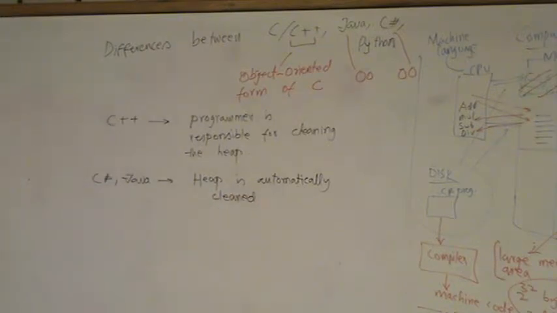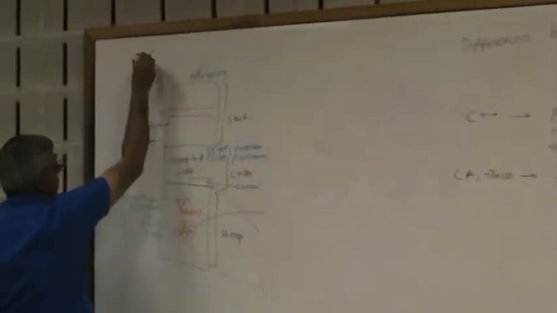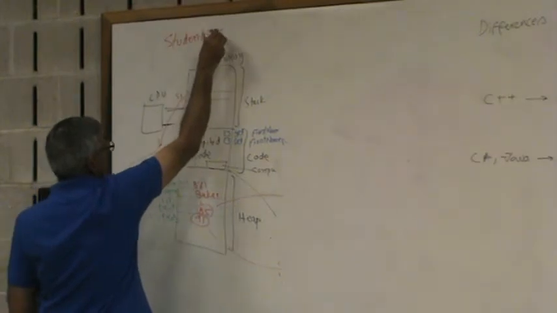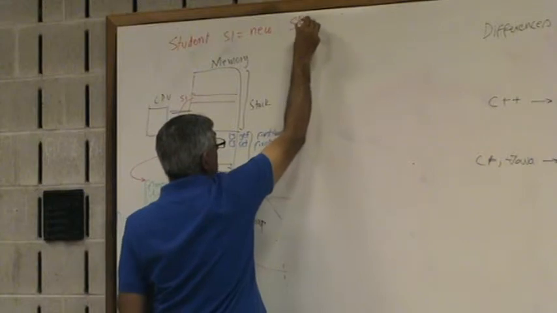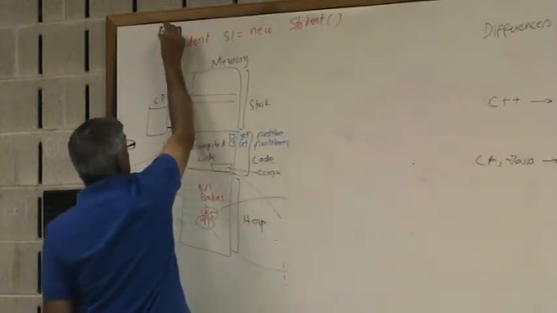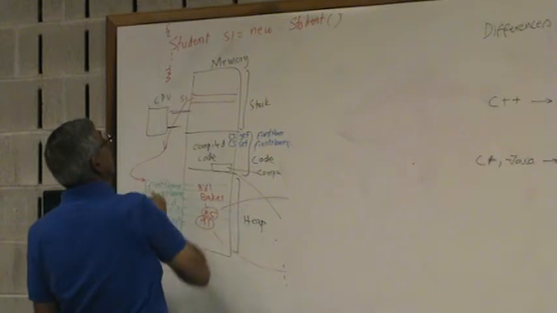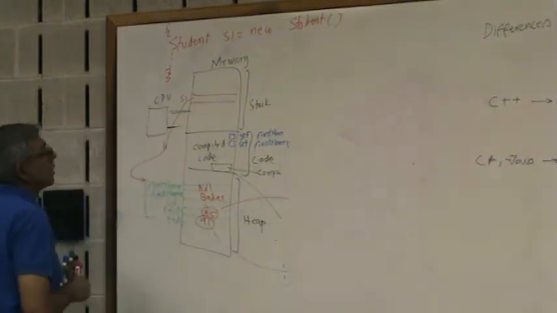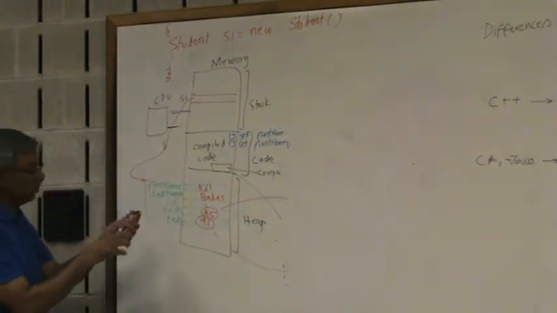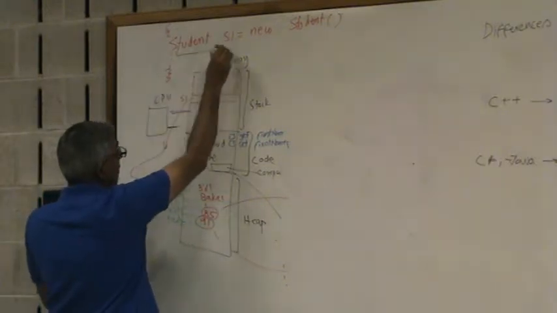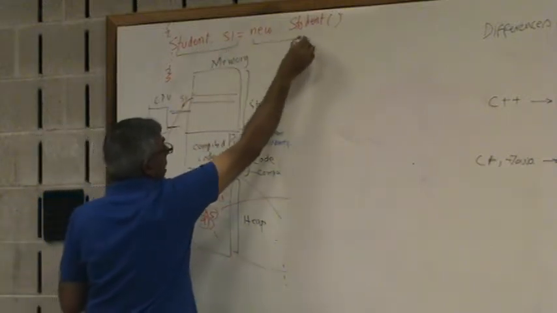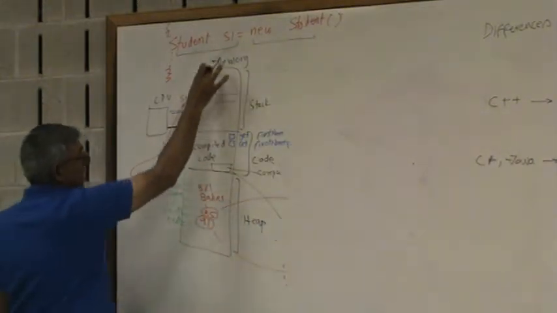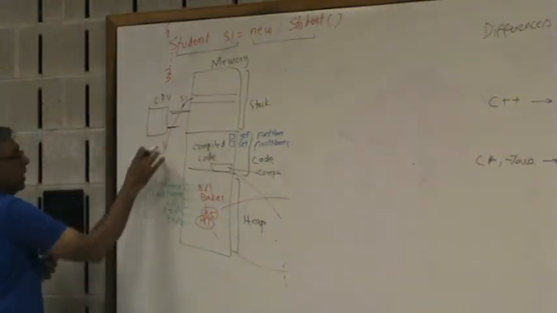Okay, very briefly how. Let's take a look at our same example over here. Student S1 equal to new student. And suppose this was declared inside some button handler. Okay. So as we discussed, this is actually two statements, right? Left-hand side creates this reference S1. Right-hand side allocates the memory for each student, and then once we assign it, both of them get connected.